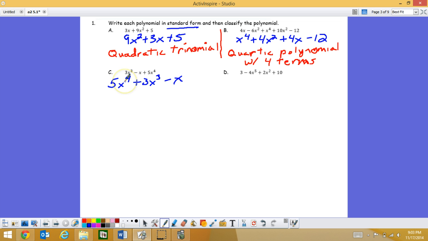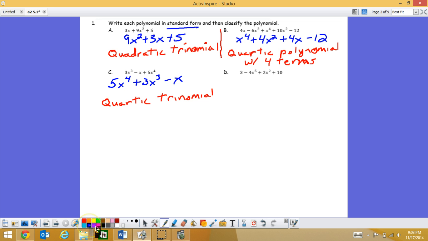We work our way down in order of exponents. And now we're ready to classify it. Since our highest degree is 4, once again, it is a quartic. And since we have 3 terms, we call it a quartic trinomial.